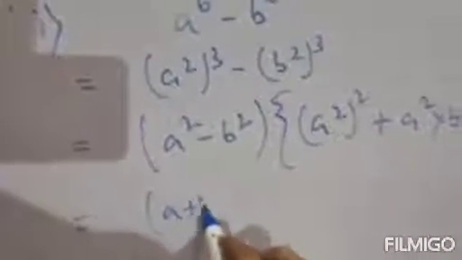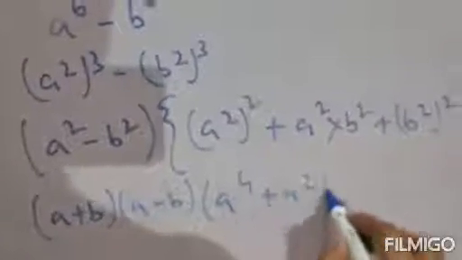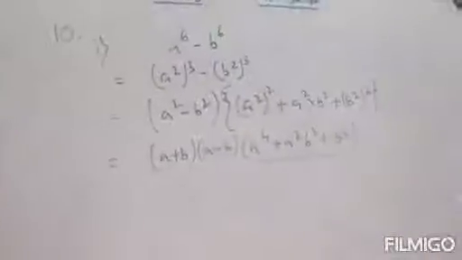Clear? You can further split it as a plus b into a minus b, because the formula of a square minus b square is a plus b into a minus b. This becomes a to the power 4 plus a square b square plus b to the power 4. Clear? So you can split this part again further, if you wish, using the middle term factorization method.